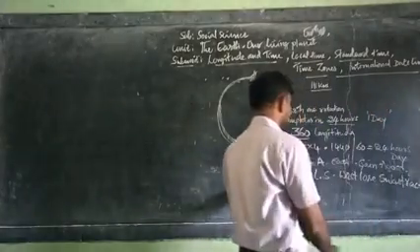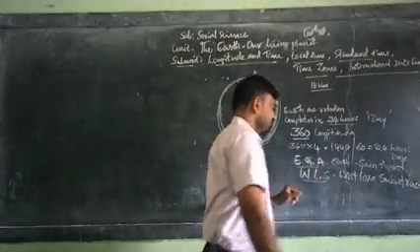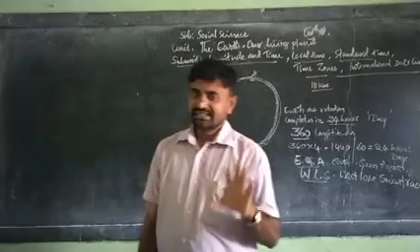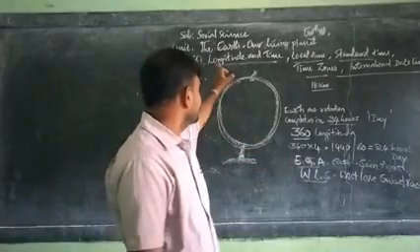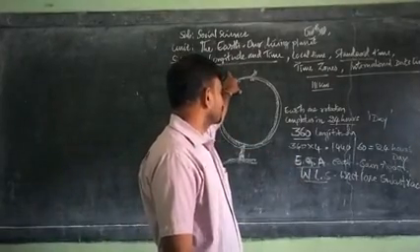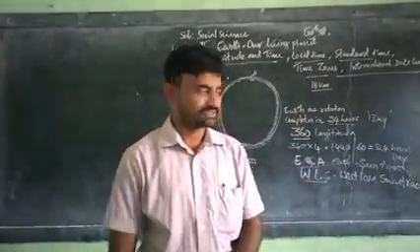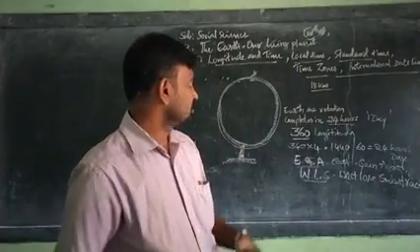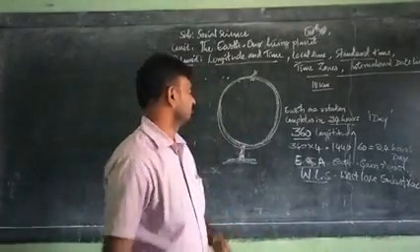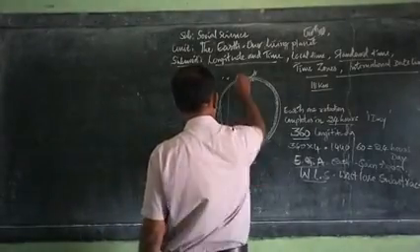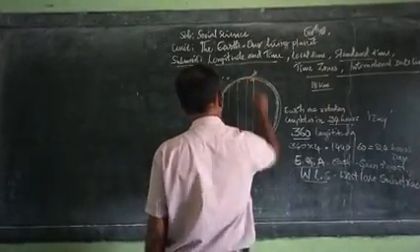So this is what we call WLS. In this way, dear students, longitude has a close relationship with time. Do you understand, dear students? There is a close relationship with meridians.